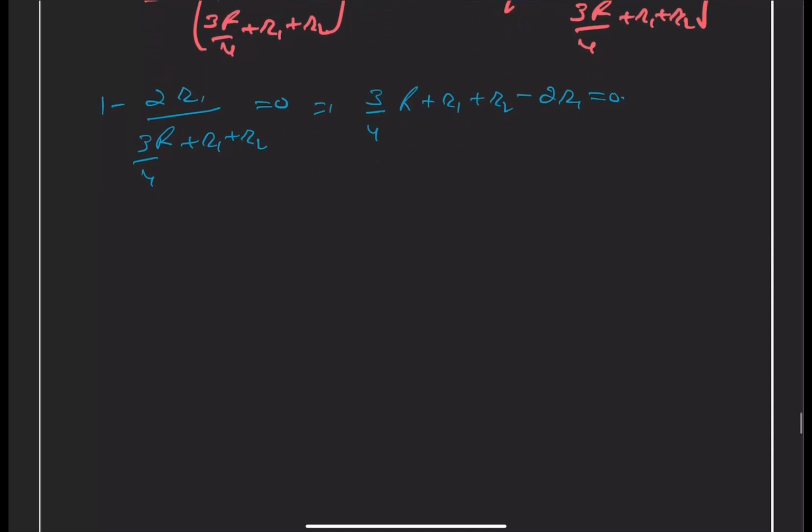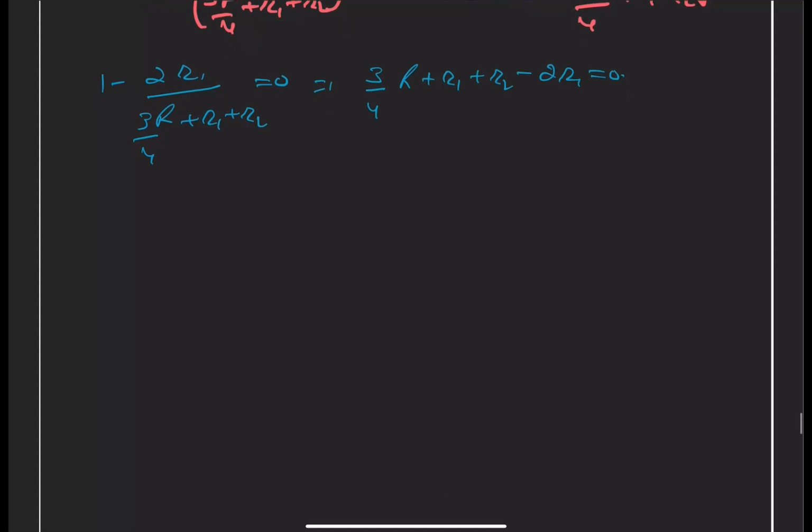And we can write this as 3 by 4 R is equal to R1, and 2R1 gives us minus R1, so this comes as R1 minus R2.